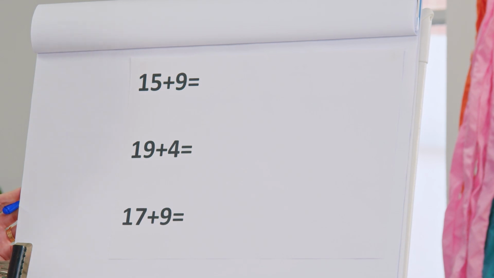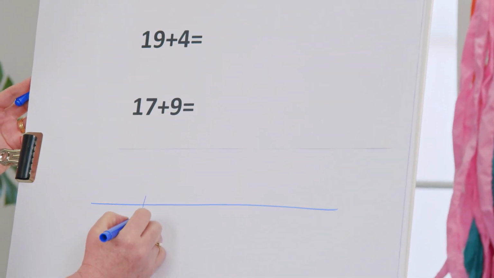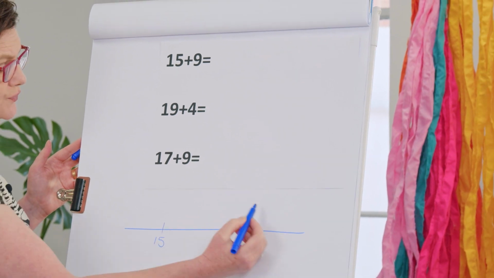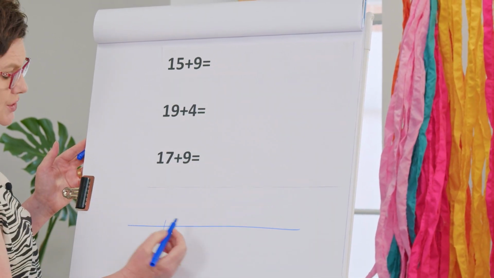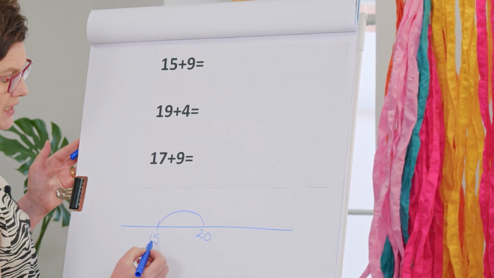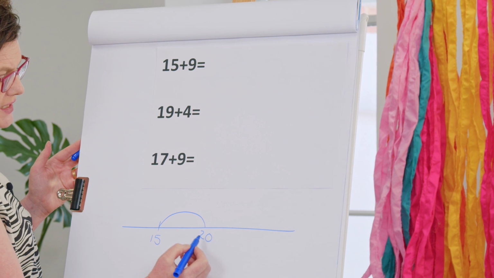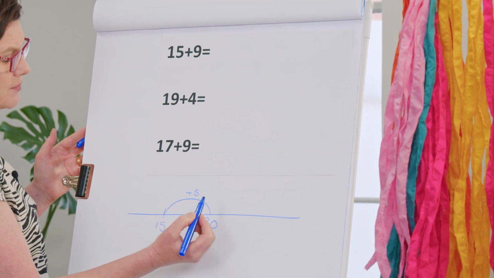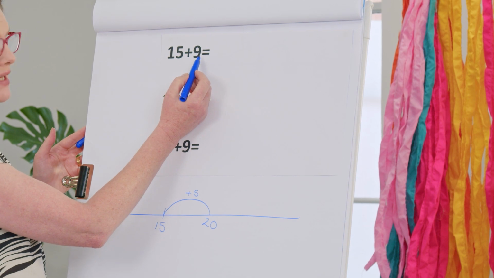Let's use that magical number line again. I'm going to start at 15. And I'm going to move addition larger to 20. We're going to bridge to 20. Now for 15 to get to 20 is add 5. We're adding 9.